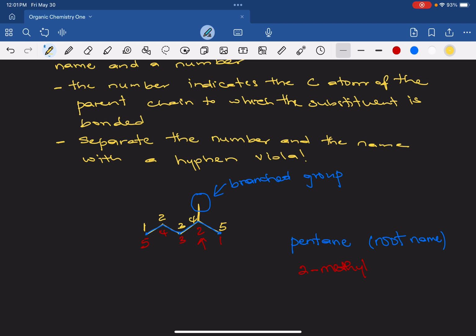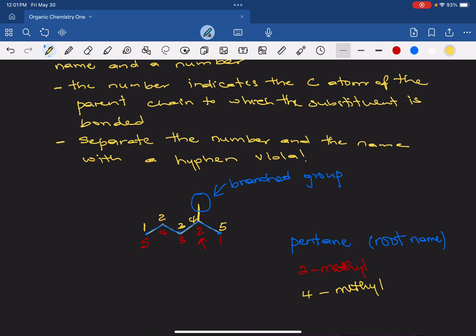There is no other way for you to number, so you don't have to sweat. Literally, you're either going left to right or right to left. Start number 1 here, or start number 1 here. There's no other way to number the long chain. You play with it and see which one gives the substituent the lower number. With red, it's on 2. Let's see what's up with yellow. If I use my yellow numbers, 1, 2, 3, 4, 5, the substituent is on number 4.